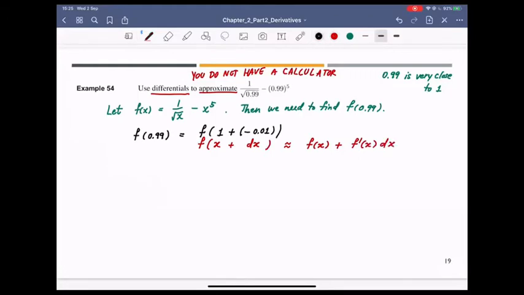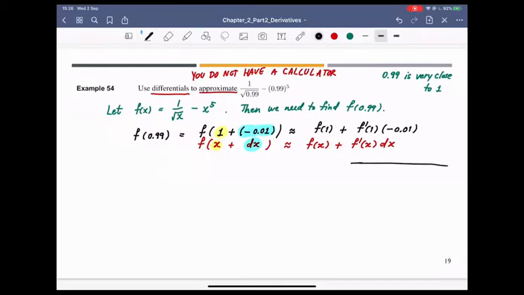So here I have x equal to 1 and dx equal to negative 0.01. That means I approximate this by f of 1 plus f prime of 1 times dx, which is negative 0.01. All I need now is to compute f(1) and f prime(1).